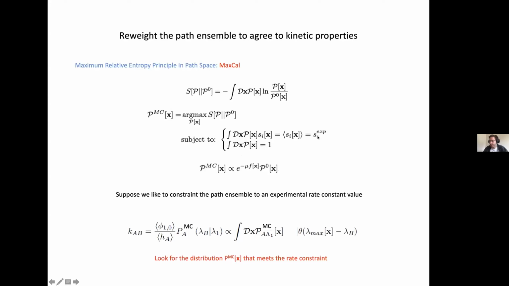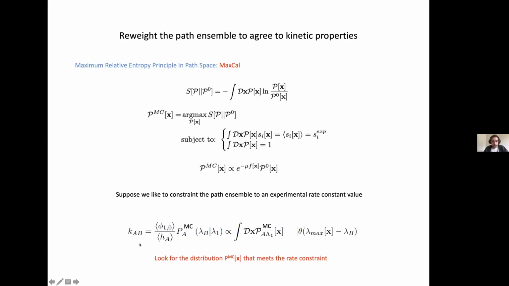The rate constant depends on the ensemble of pathways rather than the ensemble of configurations itself, and that's why we need to resort to the maximum caliber defined in path space. In the end, we have our prior distribution of pathways that we reweight using this reweighting function, and our method is all about how to find this reweighting function f.